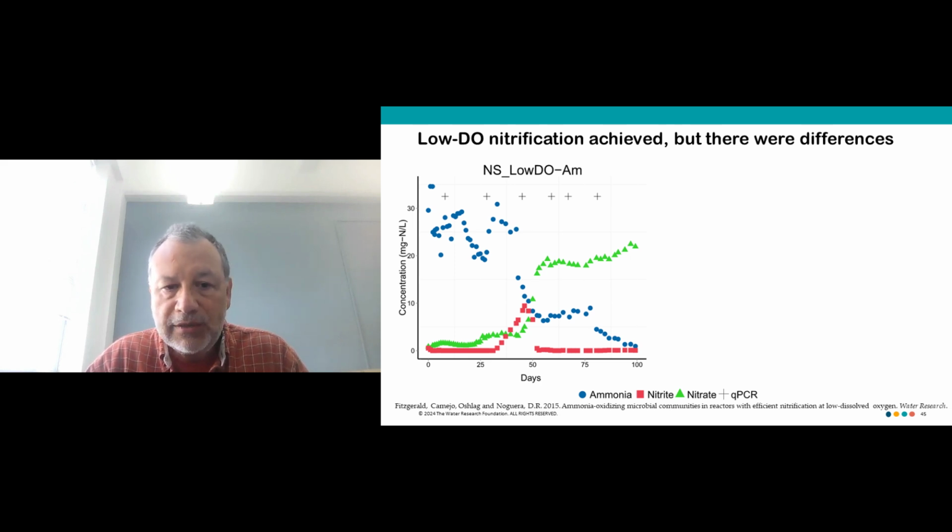And then when you saw nitrification happening, you saw accumulation of nitrite. And then at some point, the nitrite was also removed, and then you got nitrate production. So in this situation, we were adapting a community that was operating at high oxygen to low oxygen, and it took this long over time.